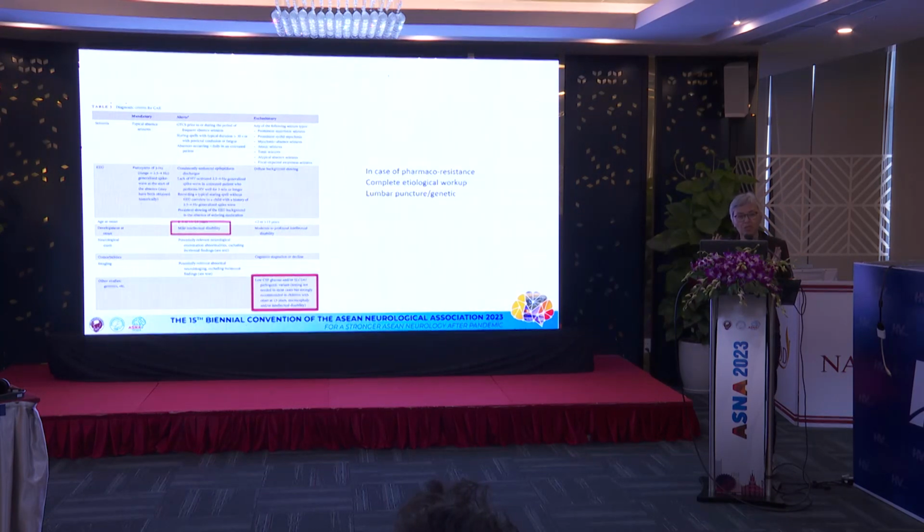You need to make sure she has no other type of seizure, because, for example, you need to make sure she has no tonic seizures, sometimes at night, but you also need to think about one specific disease, and do a lumbar puncture.